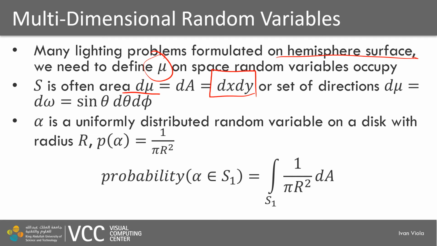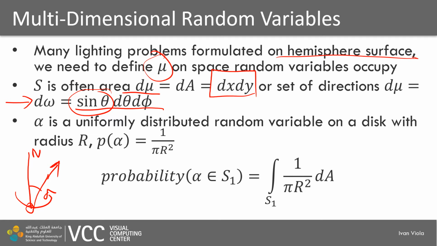When dealing with the hemisphere, our differential solid angle will be defined through polar coordinates multiplied with sine theta. The theta is the angle between the normal and the direction from a certain surface point, and phi is the azimuth of this vector around the normal vector.